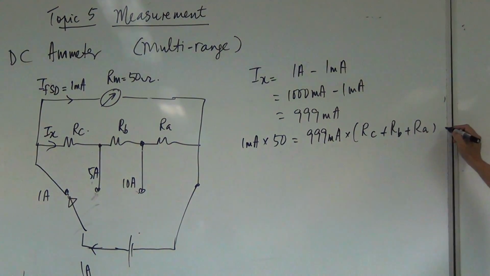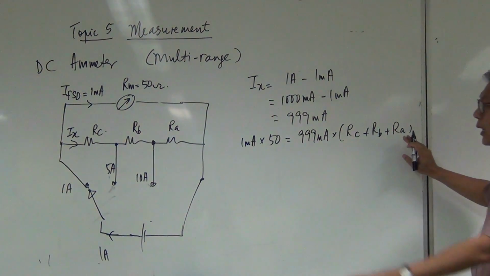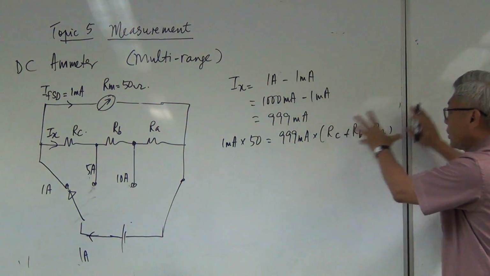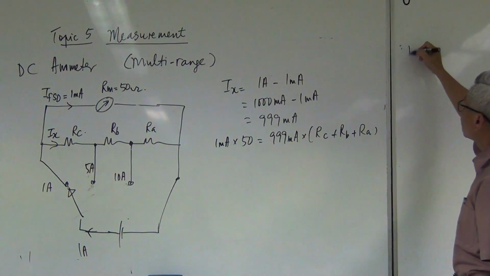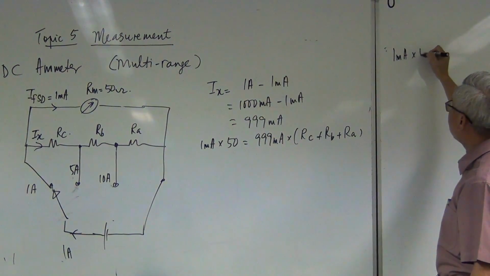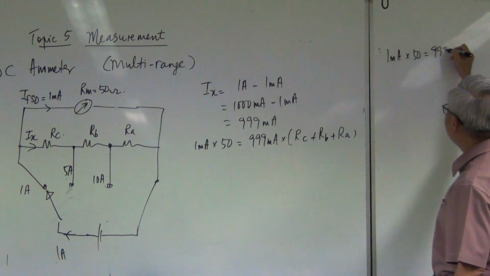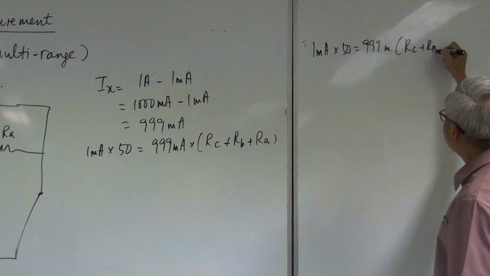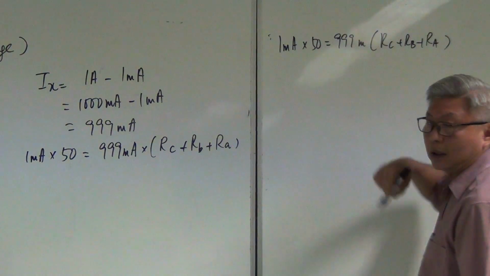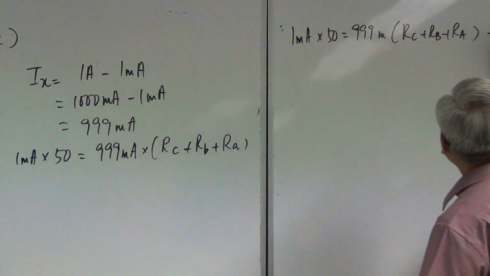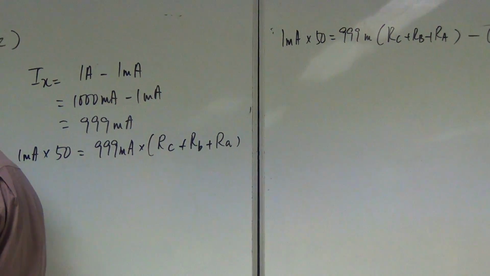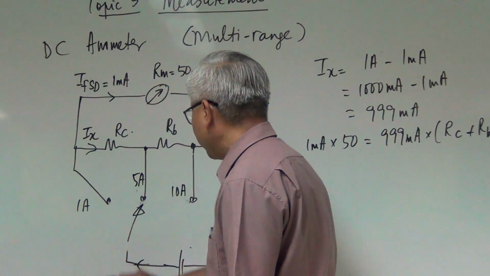Okay, so that's my equation 1. Let me keep this formula somewhere else, so I'll put it here: 1 milliamp times 50 equals 999 milliamp multiplied by (RC + RB + RA). Got it? So that's my equation 1. Then I changed my dial to the 5 ampere range now.